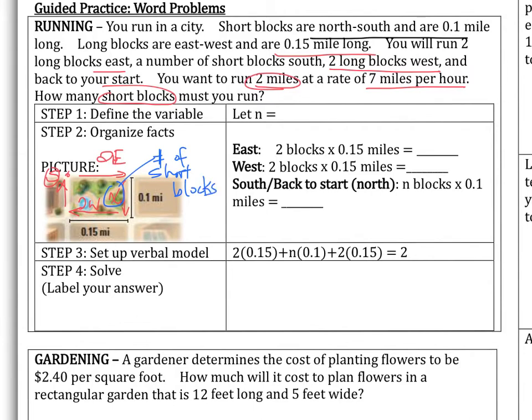So east, 2 blocks times 1/15 miles will be 3/10 of a mile. West is also the same thing.